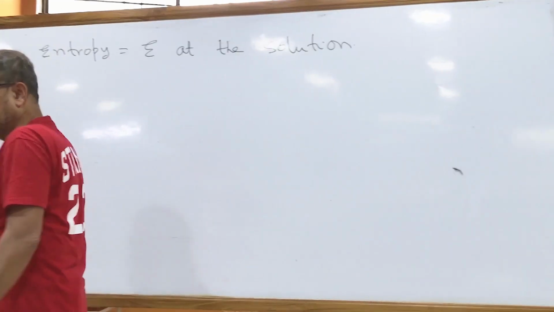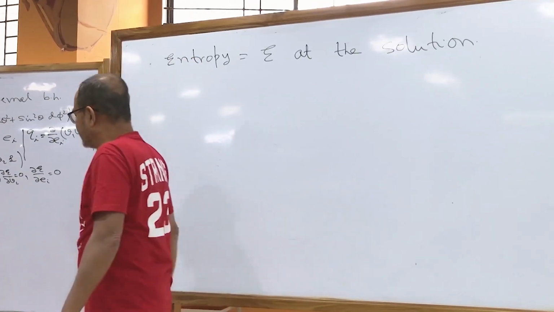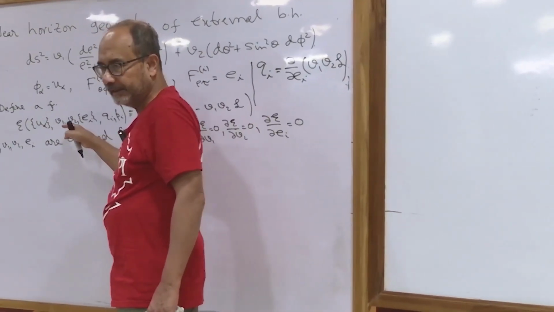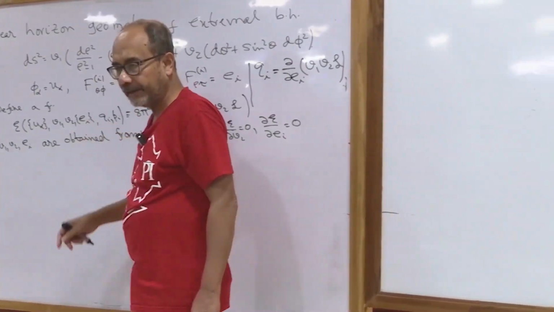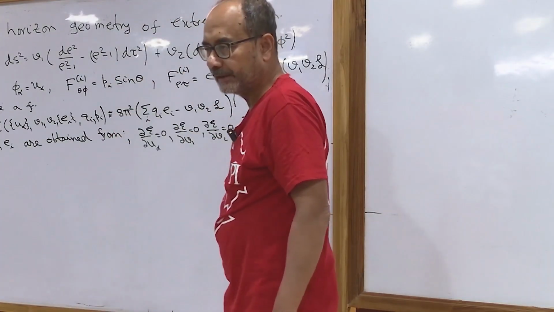E means entropy, but this is not quite the entropy as yet. This is what we call the entropy function. It's a particular function of all these parameters. Once you impose these conditions, then it becomes entropy.